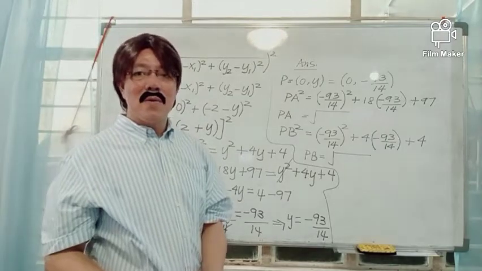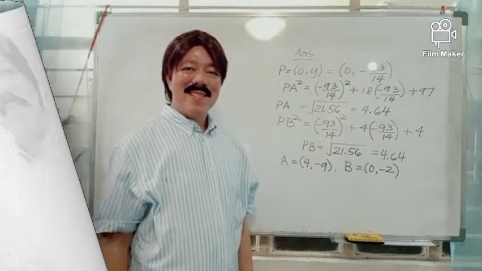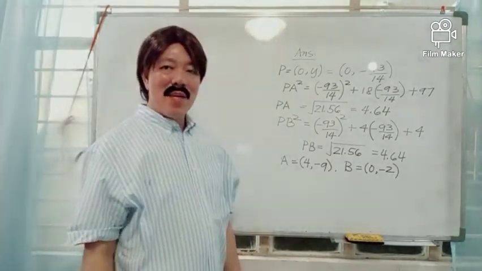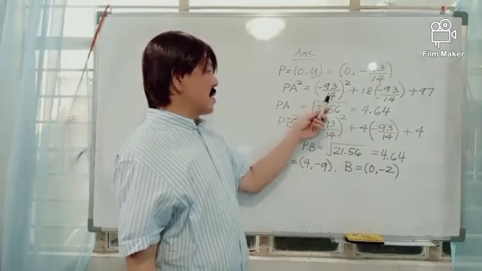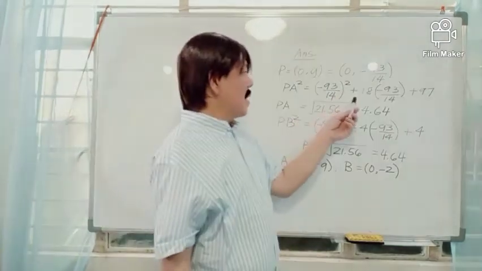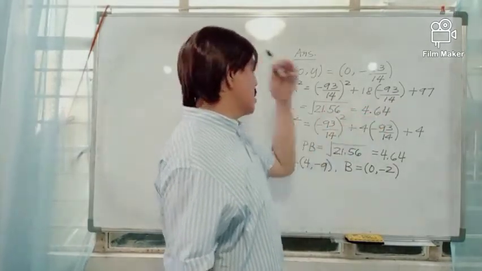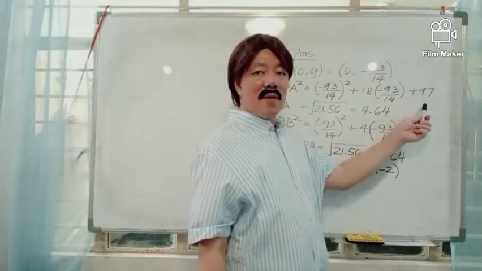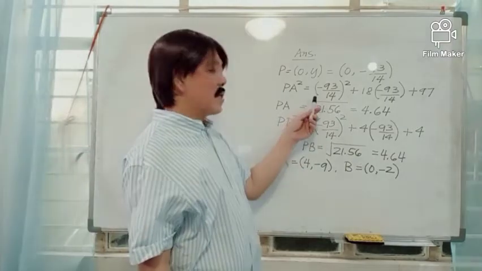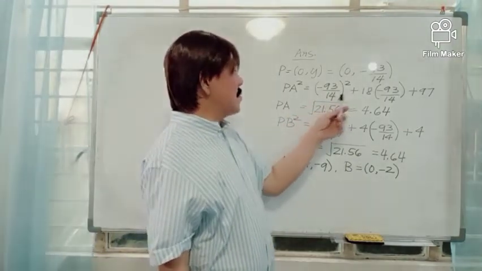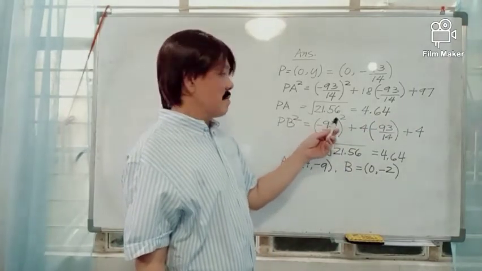We will use a calculator to find these values. Using a calculator, the value of the square of negative 93 over 14 plus 18 times negative 93 over 14 plus 97 is 21.56. You can try to calculate the value of this and you should get 21.56.